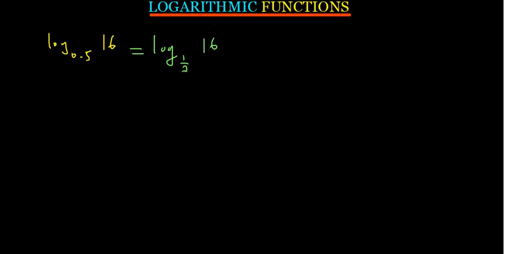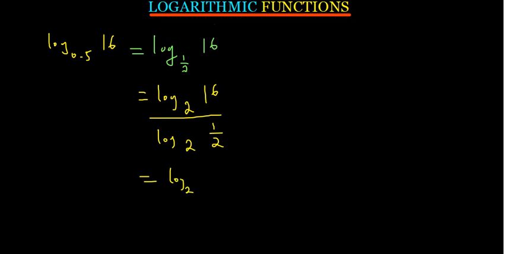Another way is we can convert to another base. Let's say we convert to base 4 or base 2. So this is going to be log in base 2 of 16 divided by log in base 2 of the original base, 1 over 2. And this is going to give us log in base 2 of 16, which is 2 to the power 4, divided by log in base 2 of 1 over 2, and we know that's the same as 2 to the power negative 1.